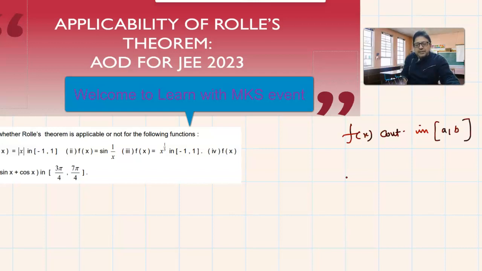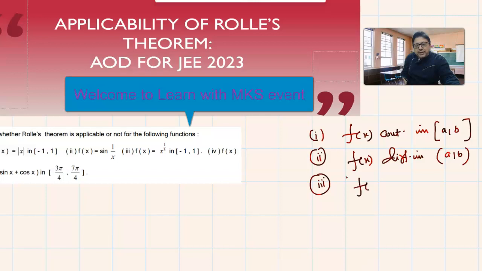It is continuous. f(x) must be differentiable in the open interval (a, b), and at the extreme points of the interval the functional values will be the same, that is f(a) equal to f(b). Ordinates are same at those 2 points.